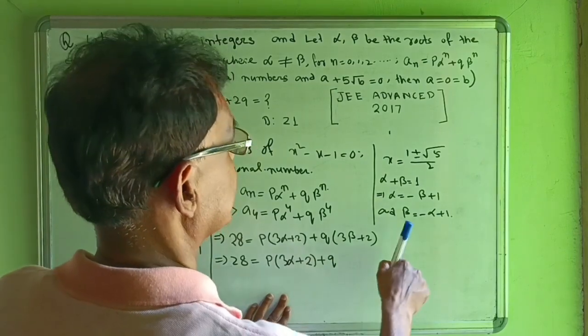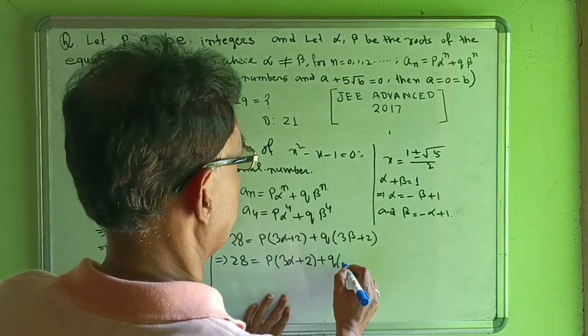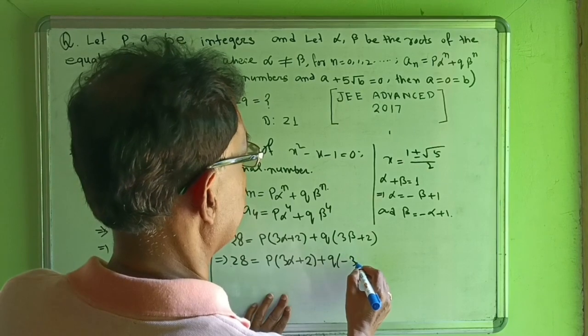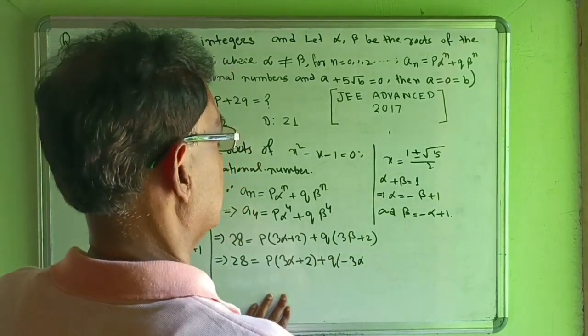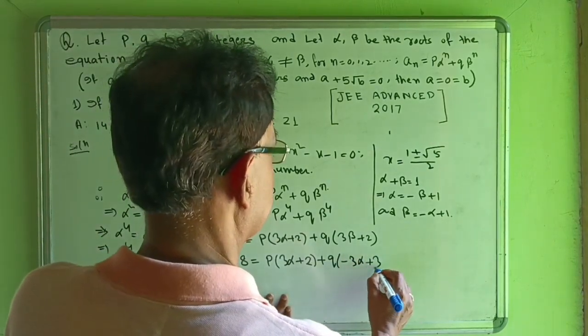Since beta is equal to minus alpha plus 1, thrice beta is equal to minus thrice alpha plus 3.